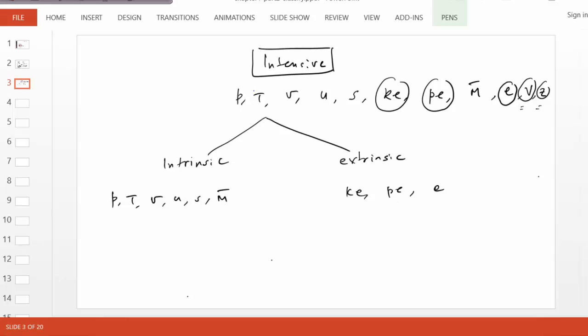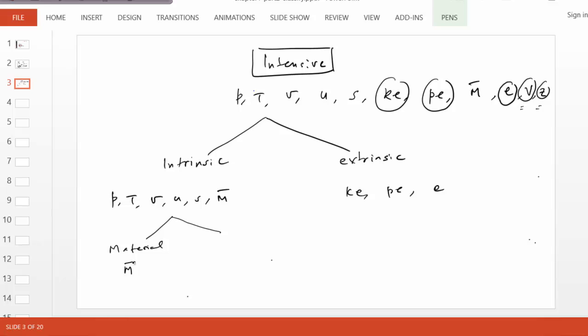Out of these intrinsic properties, we can show that there are two kinds of properties. Intrinsic properties can be classified into two groups. One is called material properties. For instance, molar mass is a material property because as soon as you pick up the material, you know what your substance is.